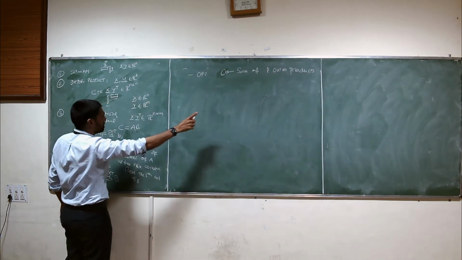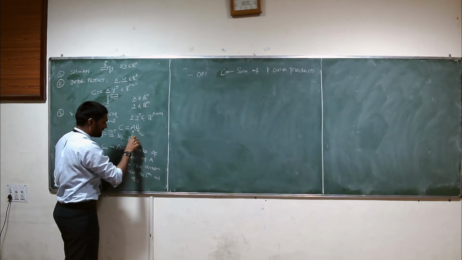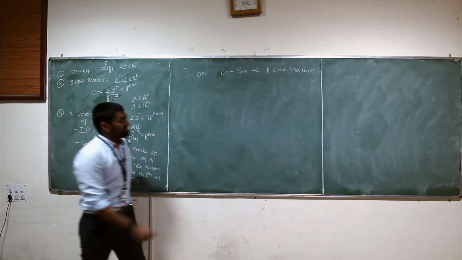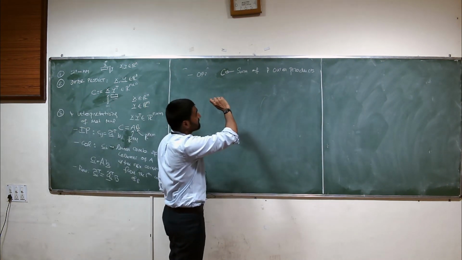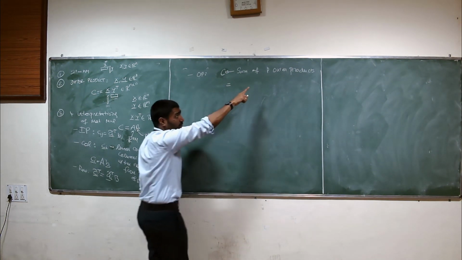Again, P outer products, because I'm assuming this is from R m cross P and this is from P cross R n. That's assuming. There are P outer products.